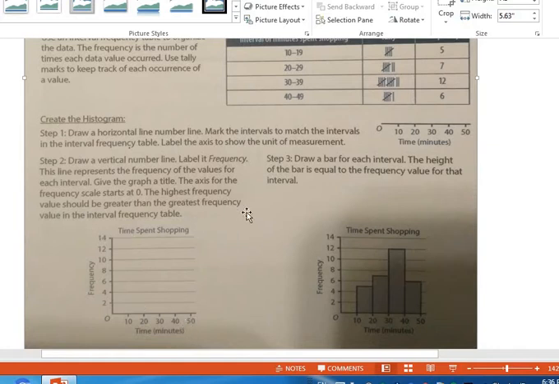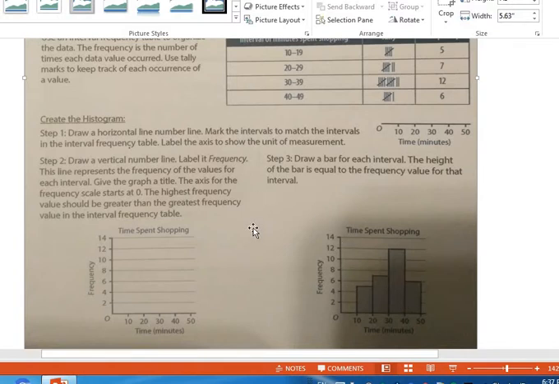It must be greater than the value of the interval table. Now step 3: draw a bar for each interval. The height of the bar is equal to the frequency value for the interval.